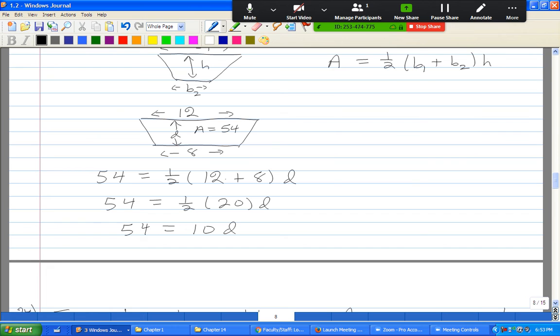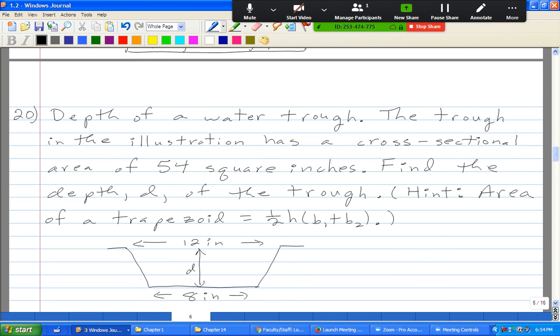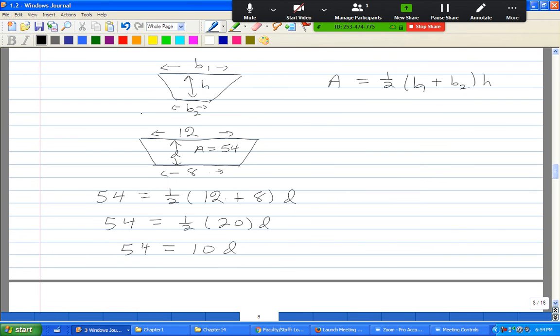And so let me divide both sides of my equation by 10. And so my depth is 5.4 inches. And I guess I'll probably leave it as 5.4.